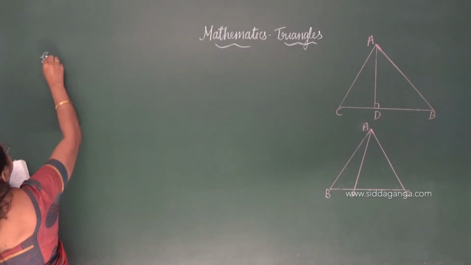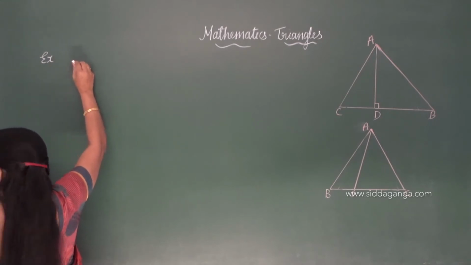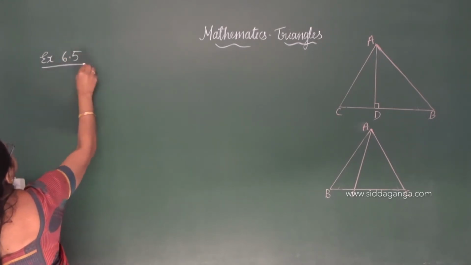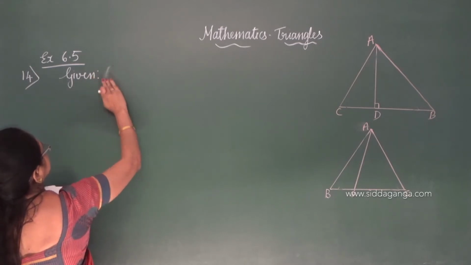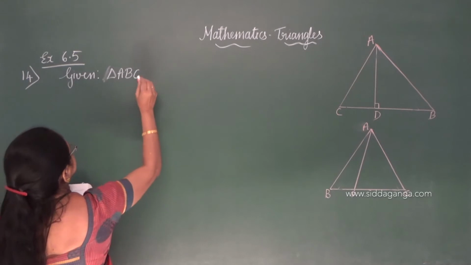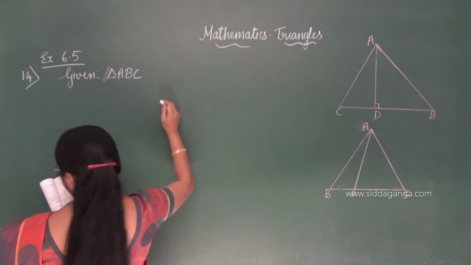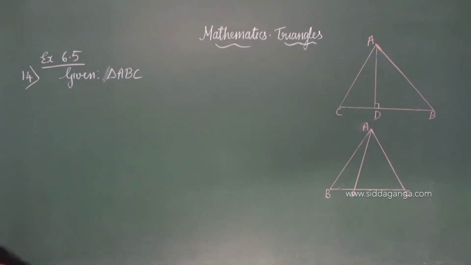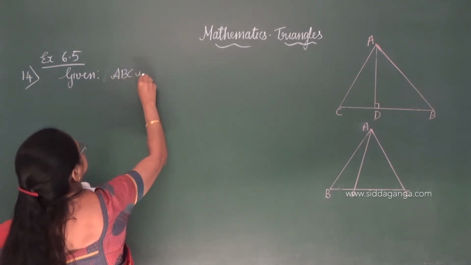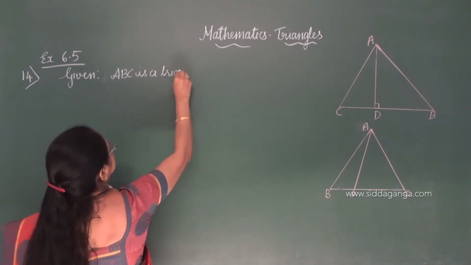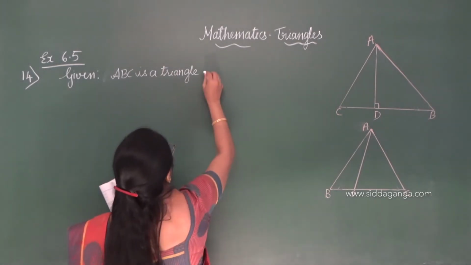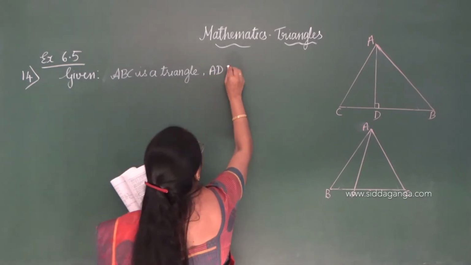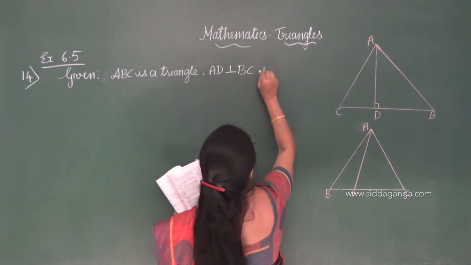so 14th exercise, 6.5, 14th one. So given, triangle ABC is a triangle and AD is perpendicular to BC, and what else is given?